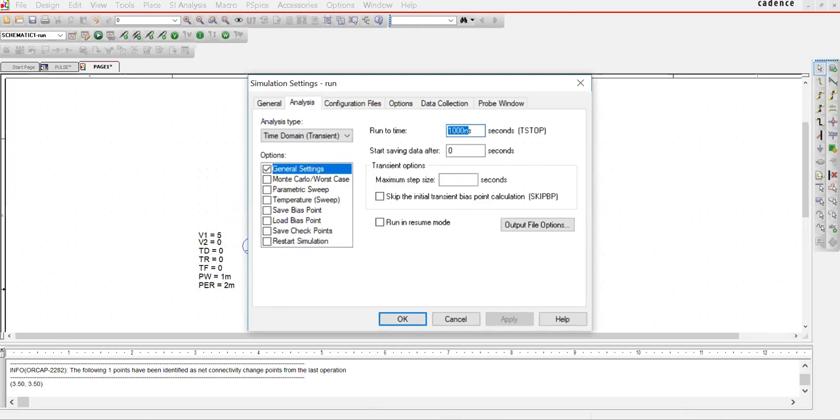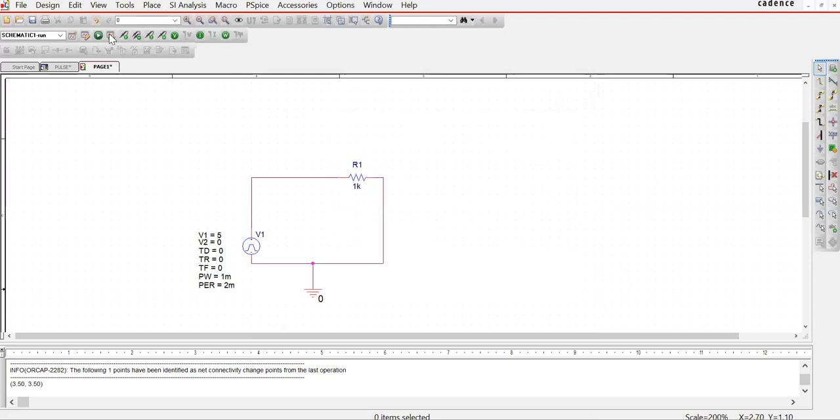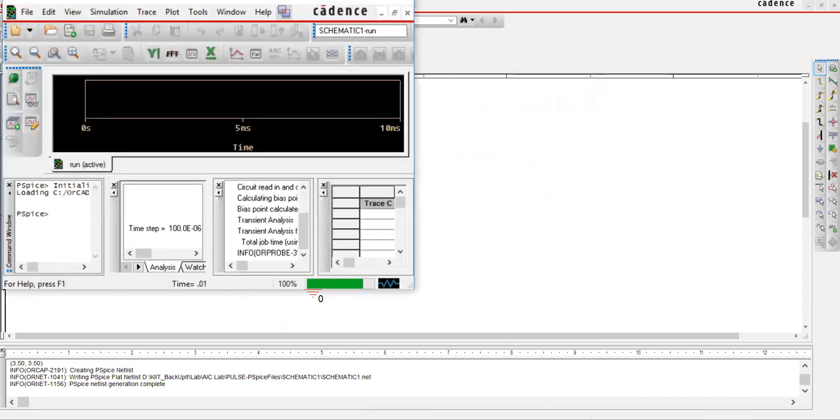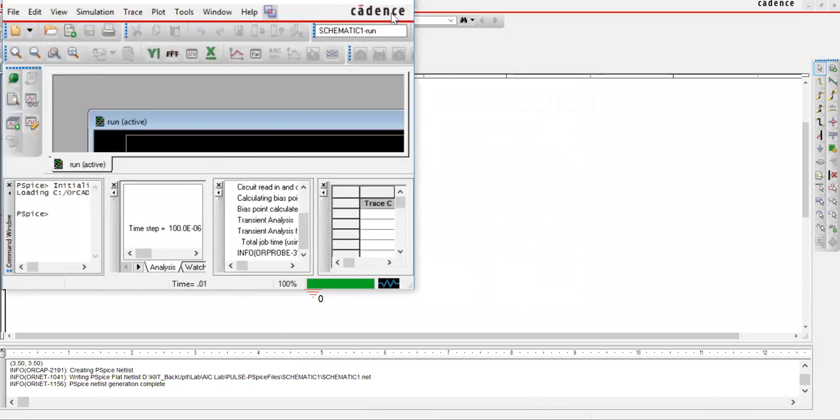This is a precaution we always have to take, with the milliseconds. Okay, now let's run it. Yes, everything is fine.